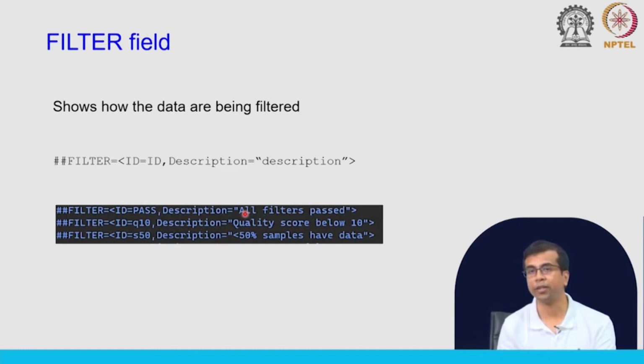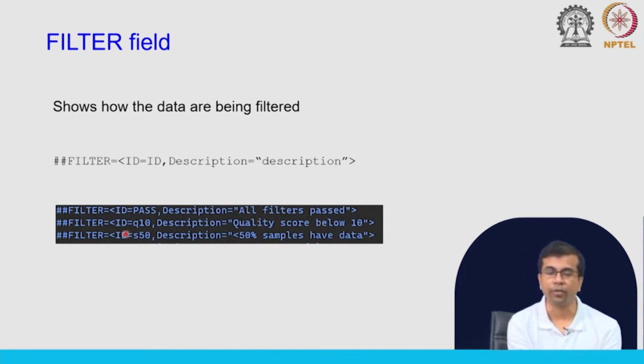So, if the variant passes all filters, then you will just use this PASS in the filter field. But then we also describe this ID equals Q10, quality score below 10. So, if a variant does not pass this filter, we will just mention Q10. We had one example where the quality score was below 10, so we use the filter Q10.